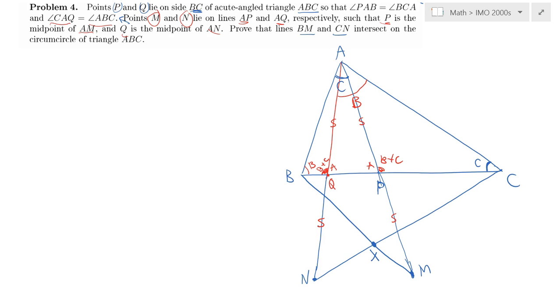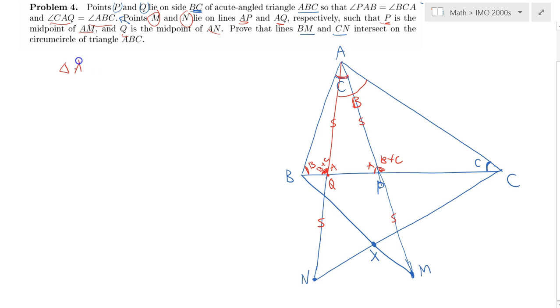Next, I would like to observe that, for instance, if you focus on triangle ABP, you would realize that the angles are C here, B here, and A here. So let's keep the order.